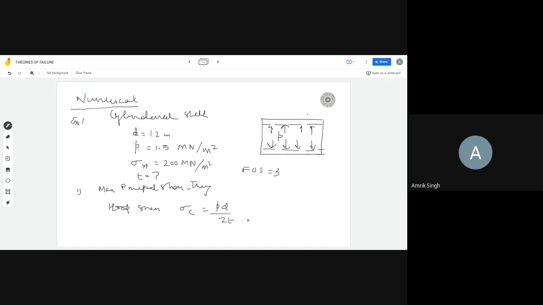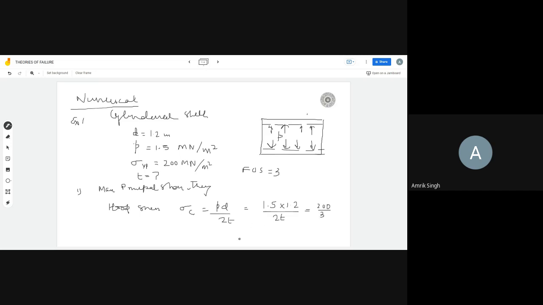So this is 1.5 multiplied by 1.5 divided by 2 into T. This equals yield stress 200 divided by the factor of safety.